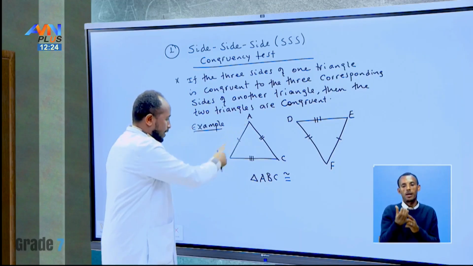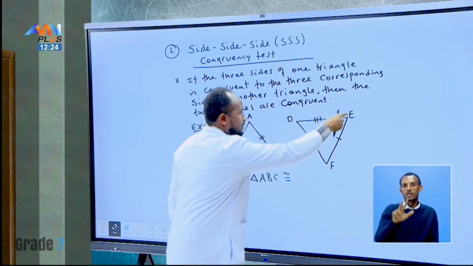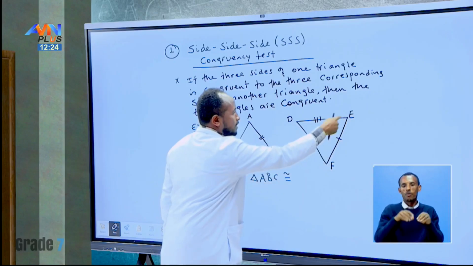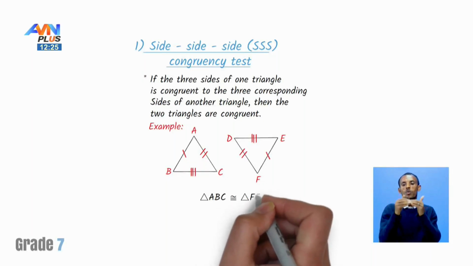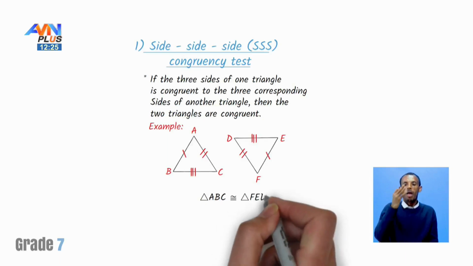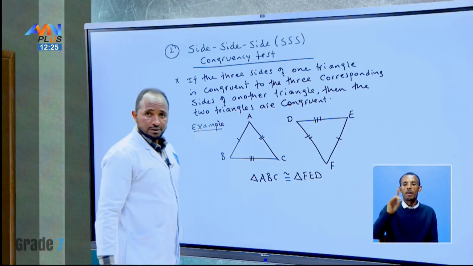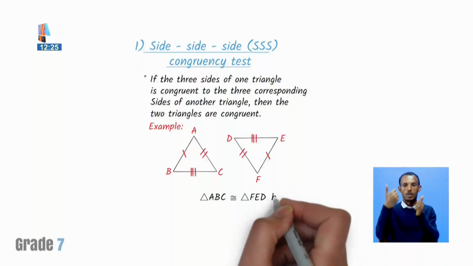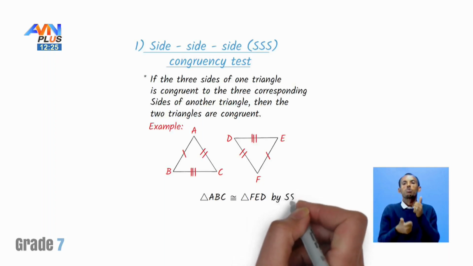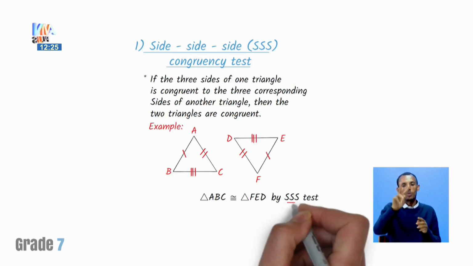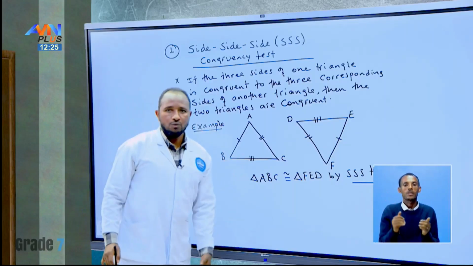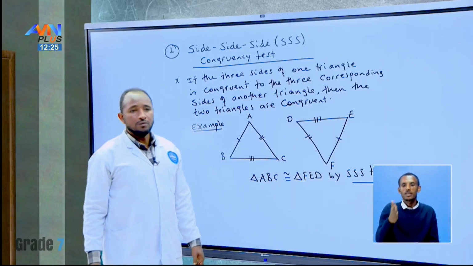So 1, 3, just 1, 3. You move from F, E, D. Therefore, it's congruent to triangle FED. This will be the congruency order by which, using the side test, the two triangles are congruent. This is the meaning of side congruency test.